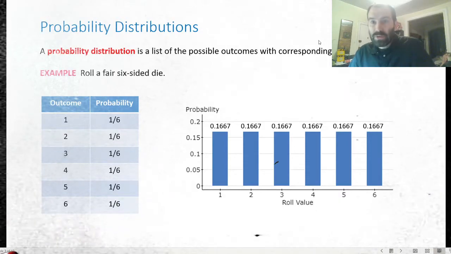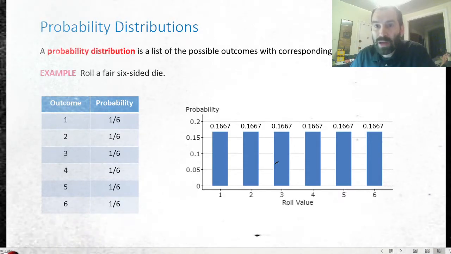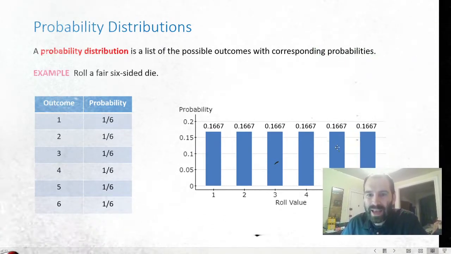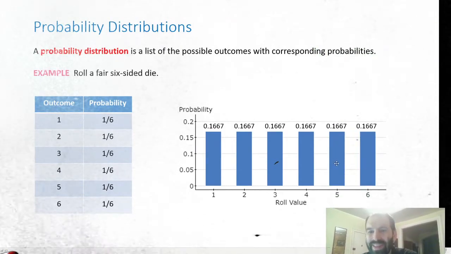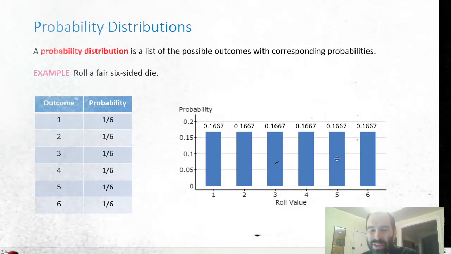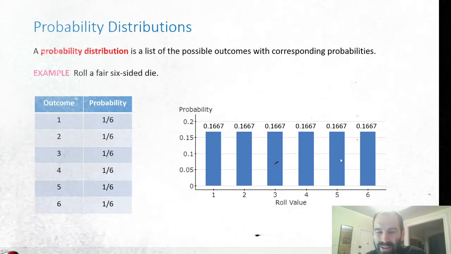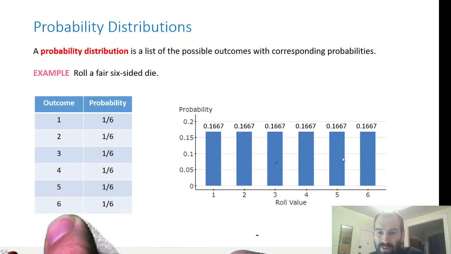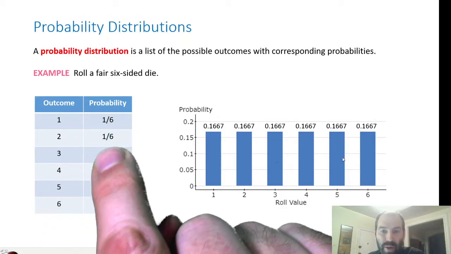One of the things we can do with a random variable is look at all of the possible values, together with the probabilities that they occur. So the distribution is all of the values of the random variable, 1 through 6, together with the probabilities.